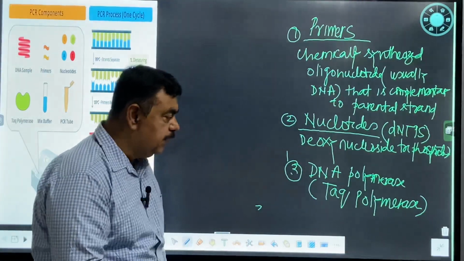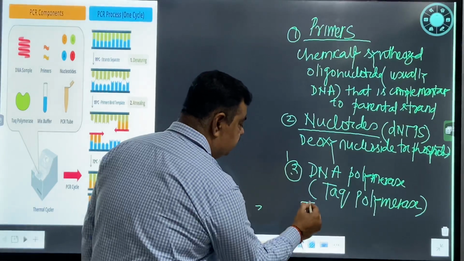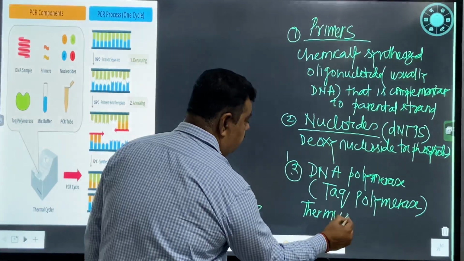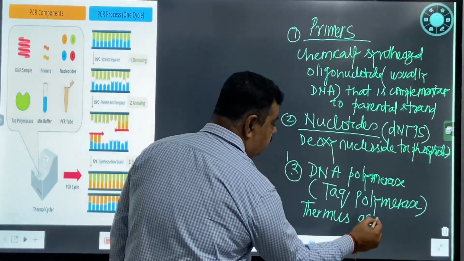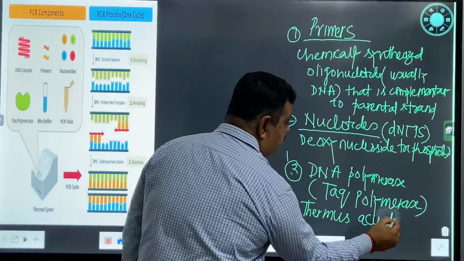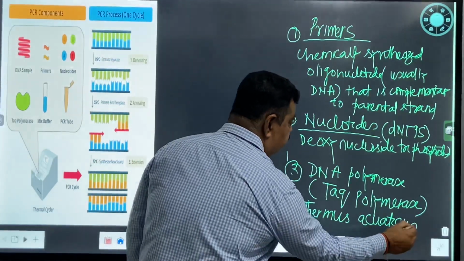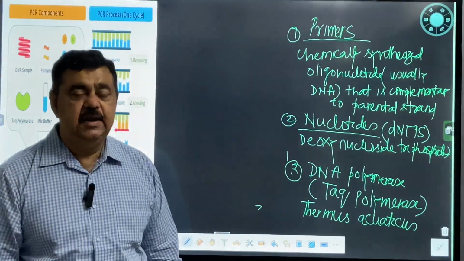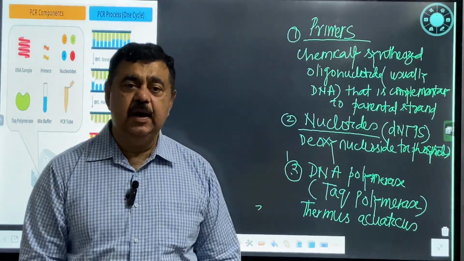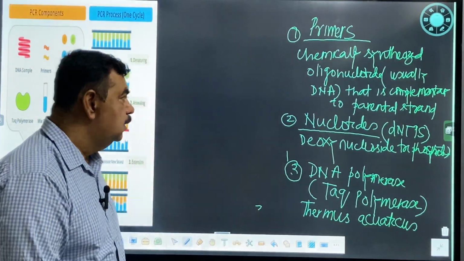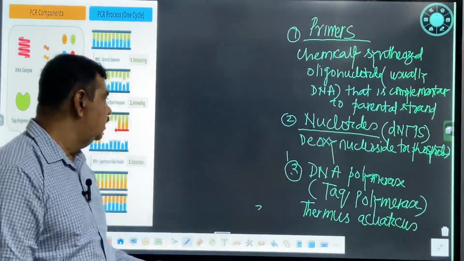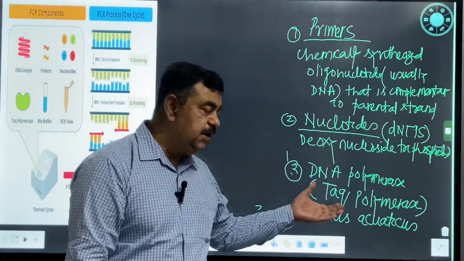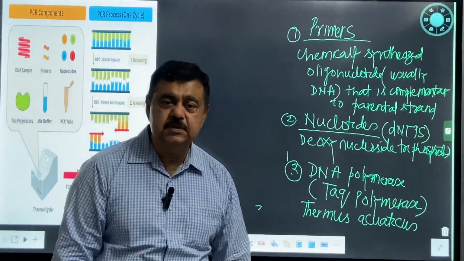That was extracted from the bacteria Thermus aquaticus. Now this Taq polymerase remains active even at a very high temperature. So these components are mainly required. You are seeing also the buffer. Buffer helps in the better functioning of the enzyme Taq polymerase.